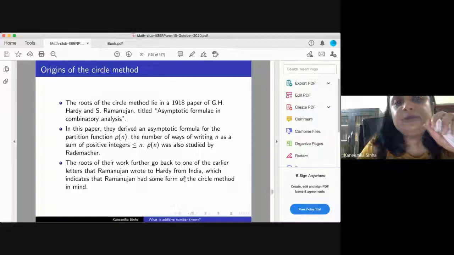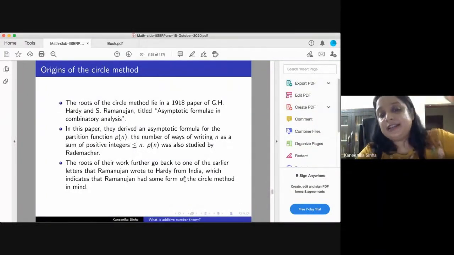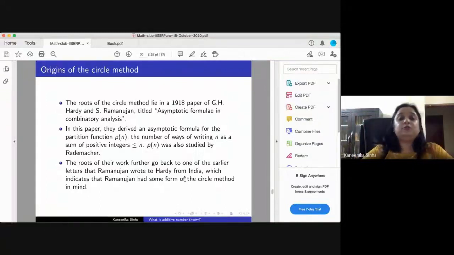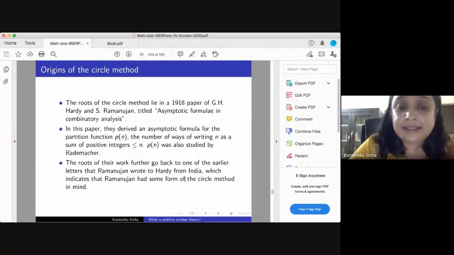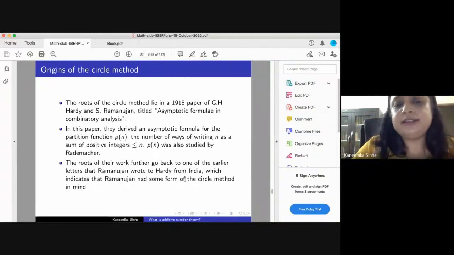In fact, it is now believed that if you check the original letters that Ramanujan wrote to Hardy, in one of those letters he claims a precise formula for p(n). After Hardy discussed this with him, after Ramanujan's arrival in England, and took this forward with Littlewood, almost all scholars have come to the conclusion that Ramanujan did in fact have some form of the circle method in mind.